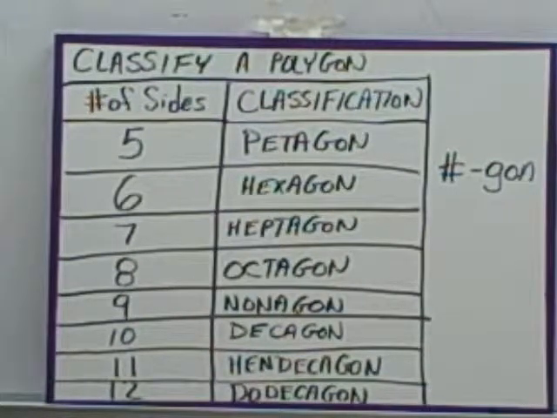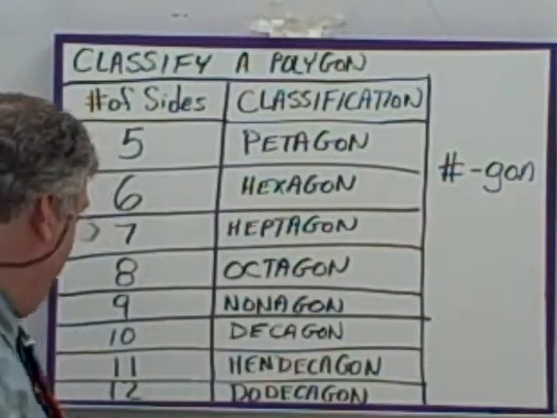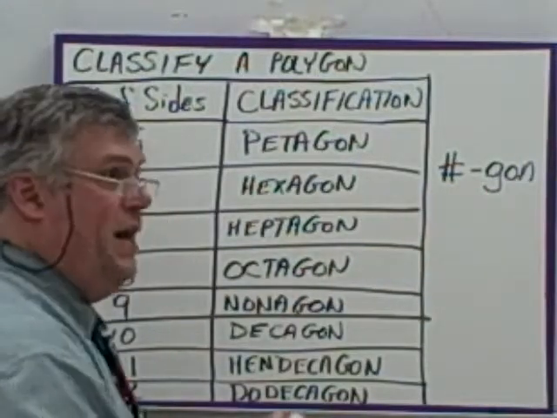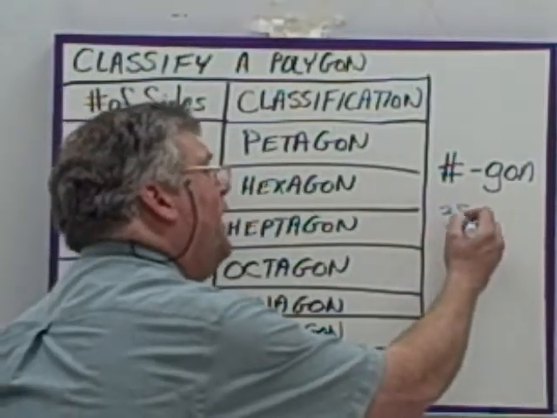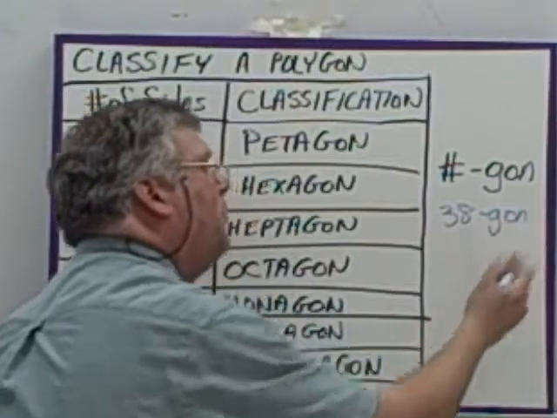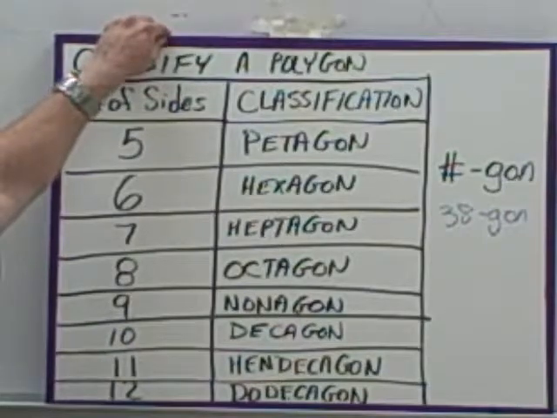But generally, once you get over a decagon, you start going with the number dash gon to describe it. So if you had a 38-sided figure, it would be a 38 gon.